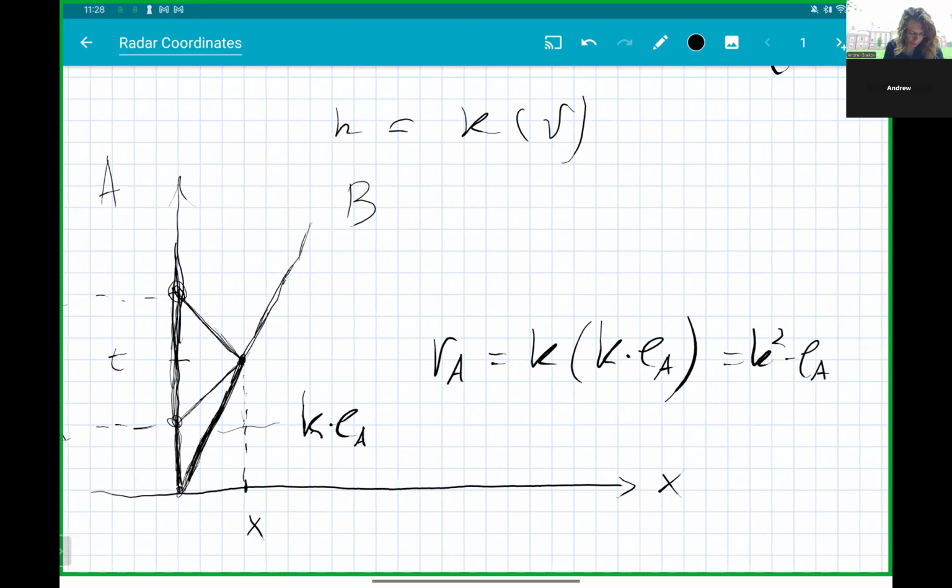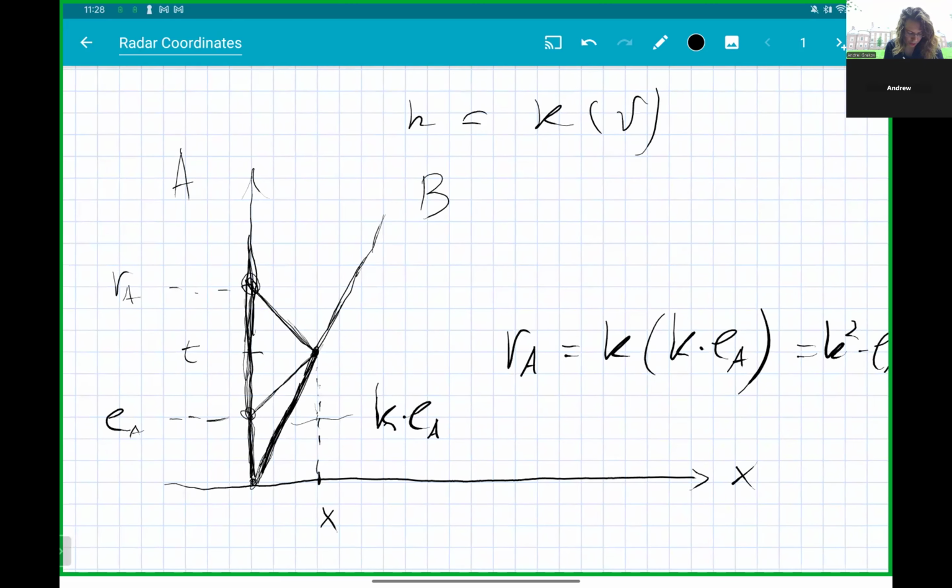And now we need to remember the relation between RA, EA and TA, XA.